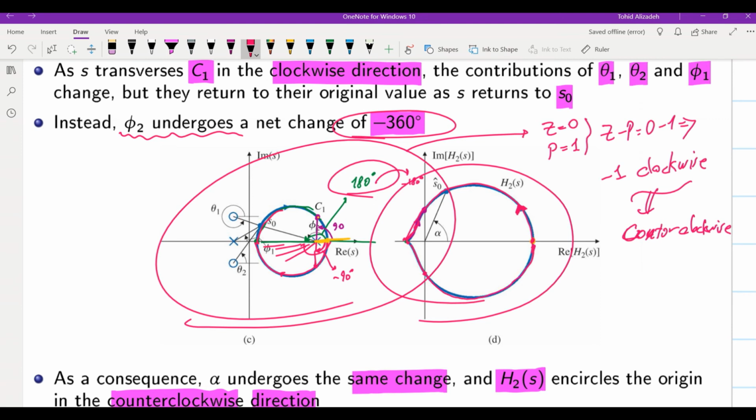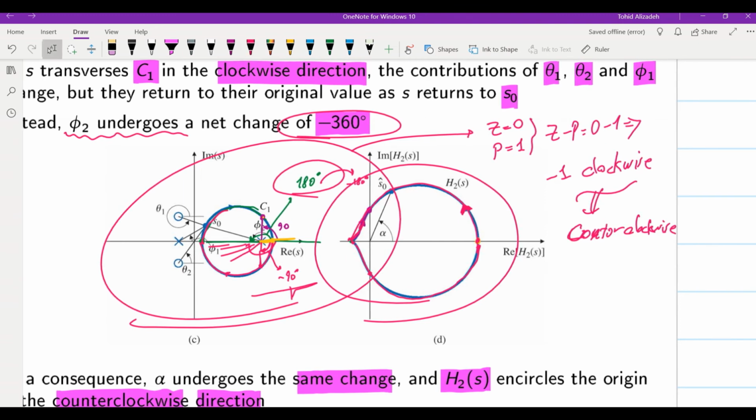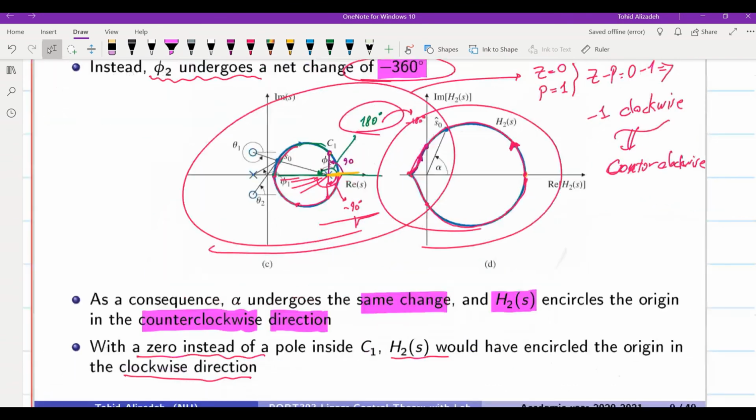So if you go back, you should double check this, okay? What I explained here was for phi 2, but I explained it over the contour map of H2. But nevertheless, the concept is still there.